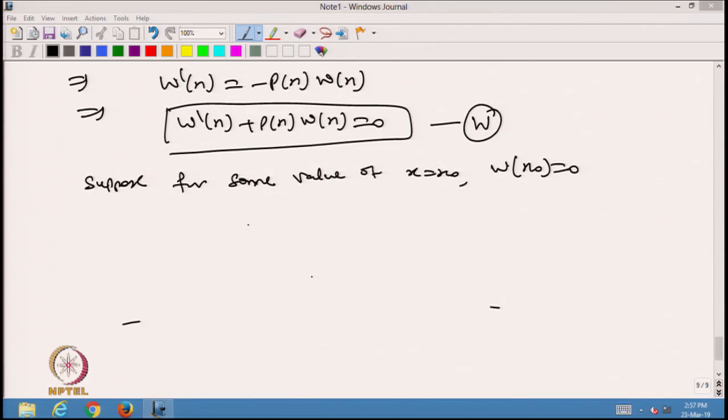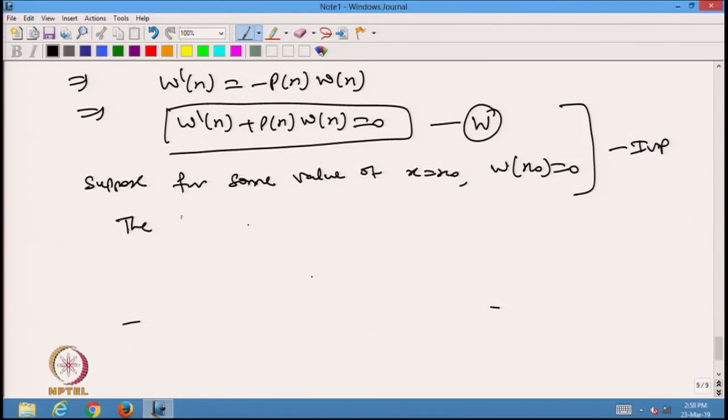So, let us say this Wronskian is 0 for some value of x, then if you see this one, the combination of these becomes an initial value problem, and we already know how to find that solution.